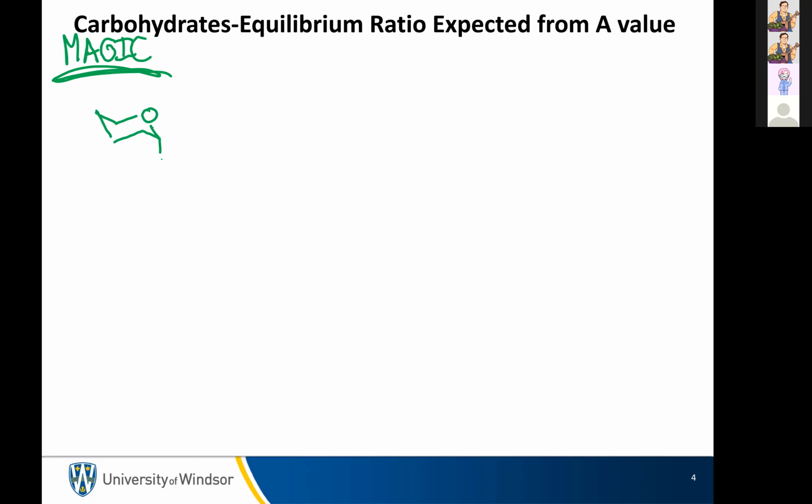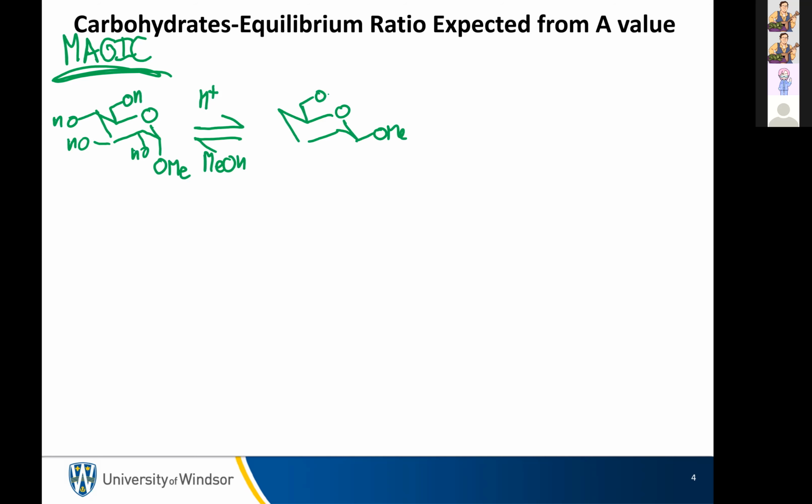As I said just now, with acid and methanol, we got a 2-to-1 ratio.